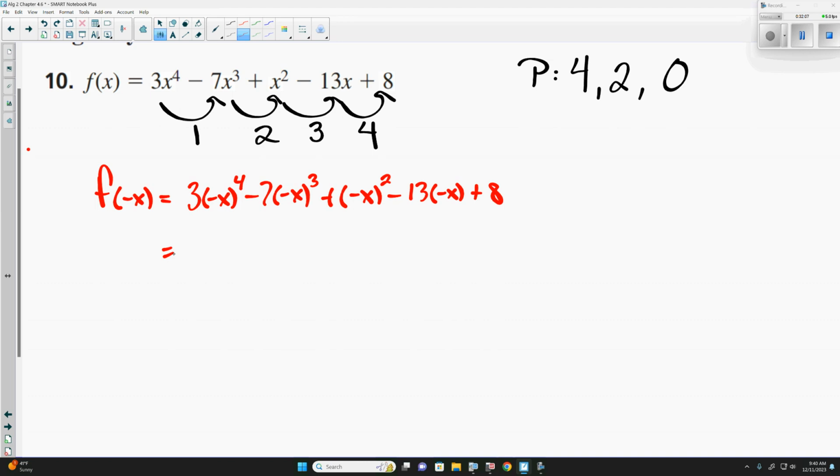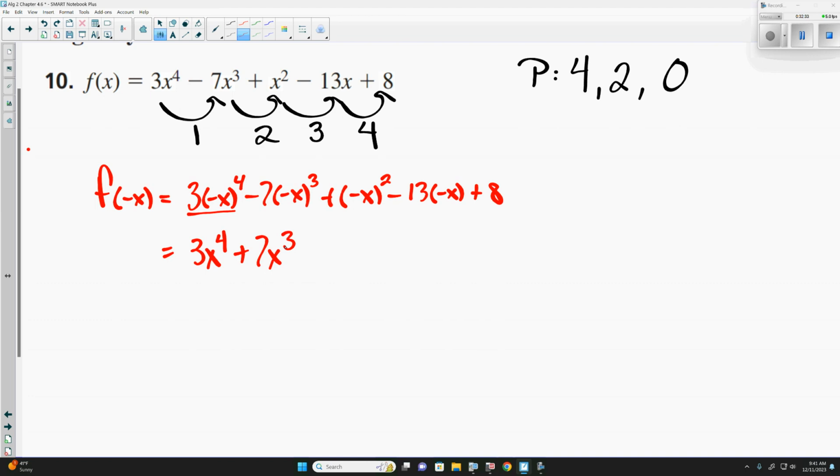So if we look at our first term, 3 times negative x to the fourth power is even, so the sign stays the same. Since it was positive, it stays positive. Our next one is x to the third. Third power is odd, so the sign is going to change from negative to positive. So plus 7x cubed.